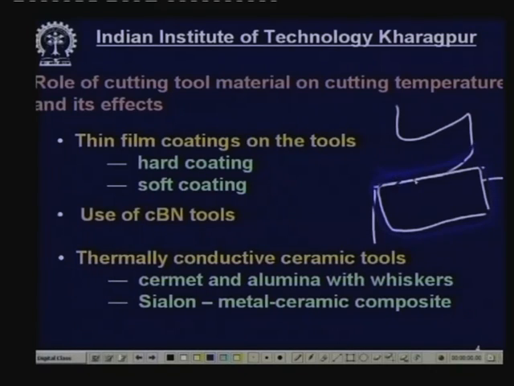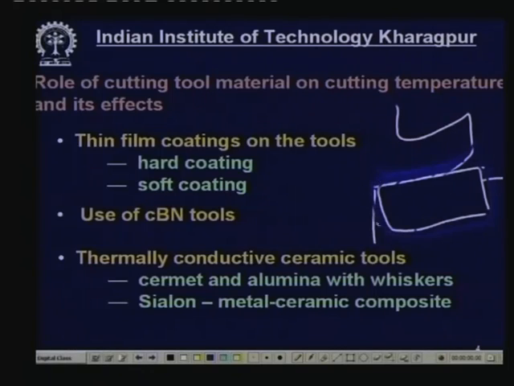Now, this coating not only imparts wear resistance and heat resistance, but also this layer of coating provides anti-friction, reduces the friction, and if the friction is reduced, the cutting force will come down, the cutting energy required will come down, the heat developed will come down and the temperature will come down.